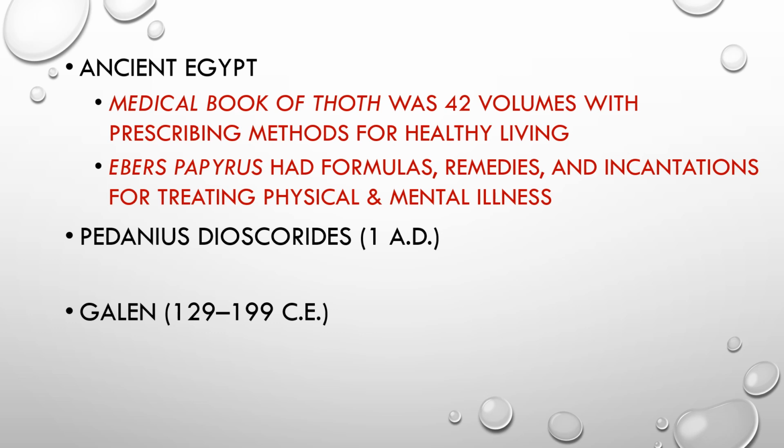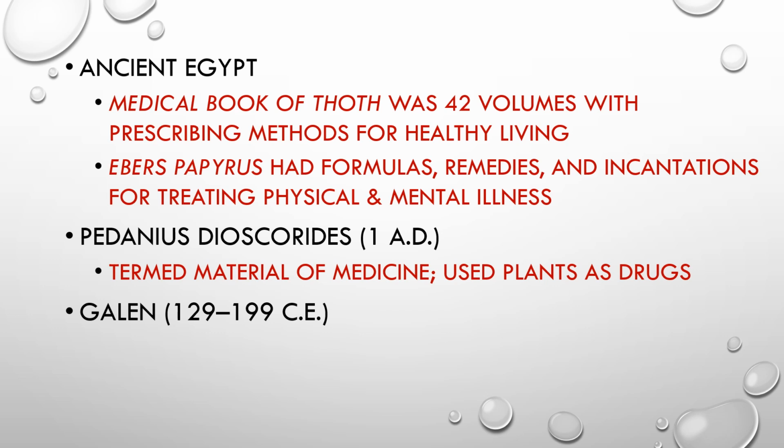And then getting into the AD or CE, we can use them interchangeably here. Pedanius Dioscorides termed material of medicine, which is kind of what we think about with drugs, and used plants as drugs.